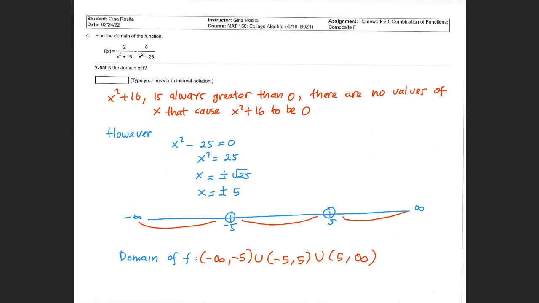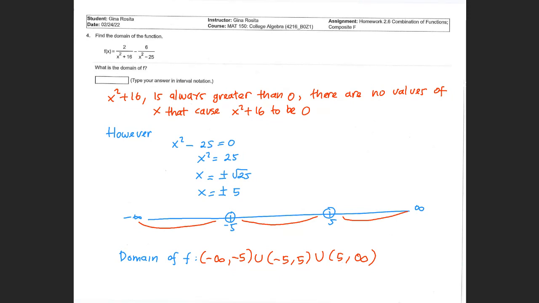Okay, so what's the answer for this one? You just copy it, because the box is so small over there. The answer is the domain of f: negative infinity to negative 5, union negative 5 to 5, union 5 to infinity.